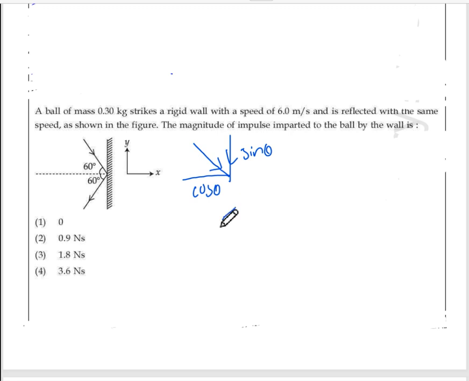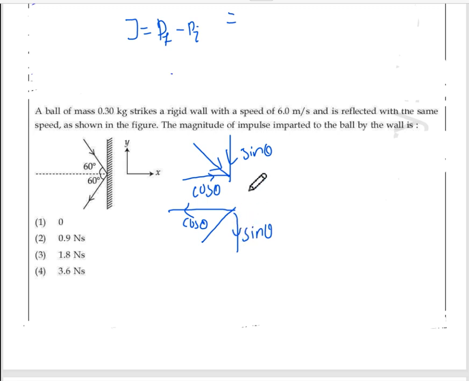Similarly, when the object is moving out, it also has two components: this one is cos theta, and this will become its sine theta. So if you calculate the change in momentum, or we can say impulse, J equals P final minus P initial.